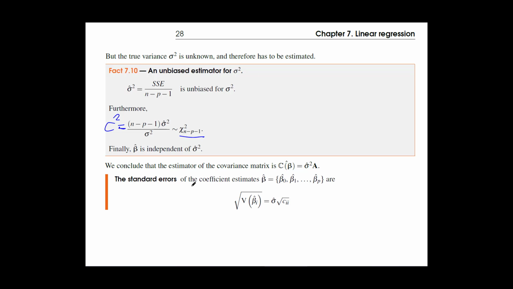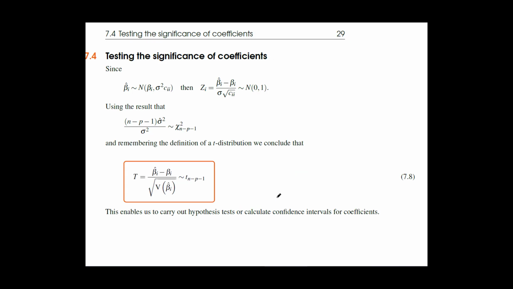Standard errors, remember, are just the standard deviation of the estimators, in this case of all the betas. Okay, so the first thing you want to do to test a model, to test if a variable is a good variable to include in the model, is to do the significance test. This is going to be the hypothesis test of whether beta i equals 0 or not. Now we're going to proceed in the same way we did the hypothesis testing for the mean.